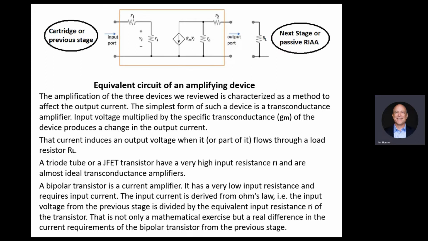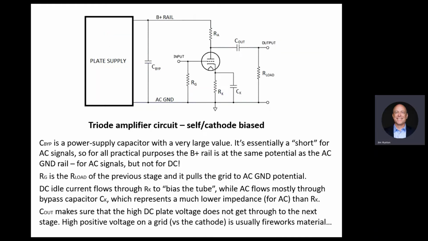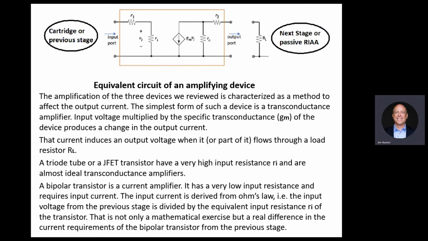So equivalent circuit of an amplifying device, either a tube or a transistor. So we have basically an input. Yeah, that's an equivalent circuit. So basically we have input voltage coming from the previous, and we have an output.